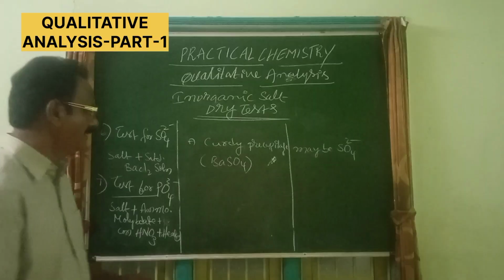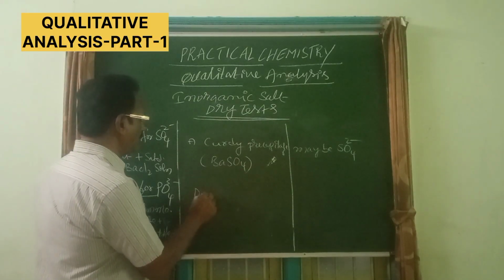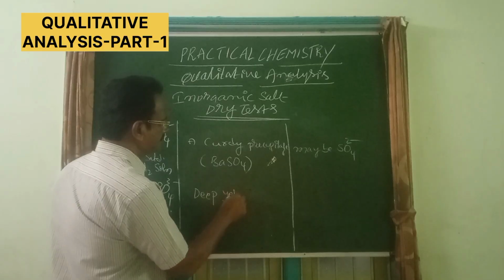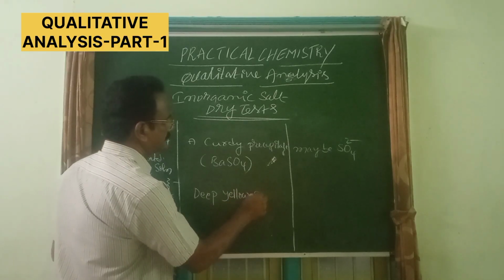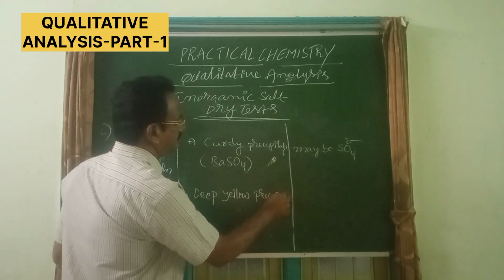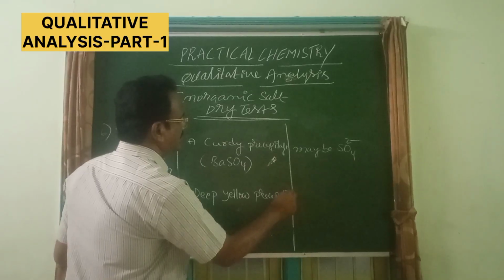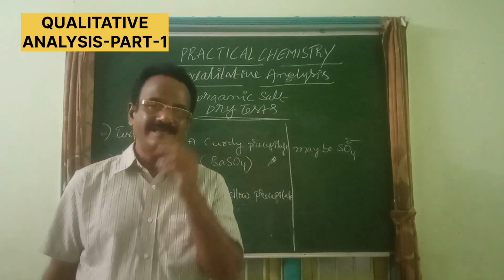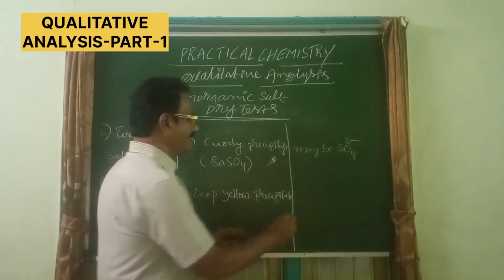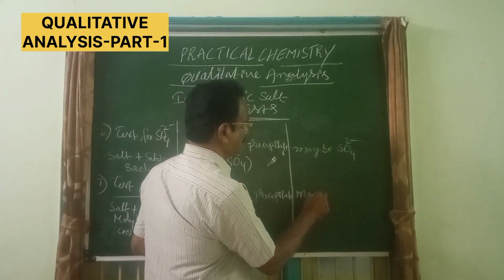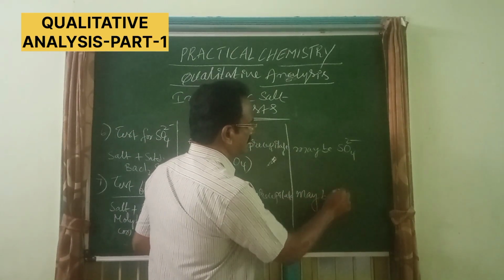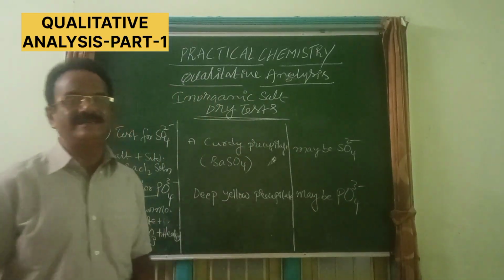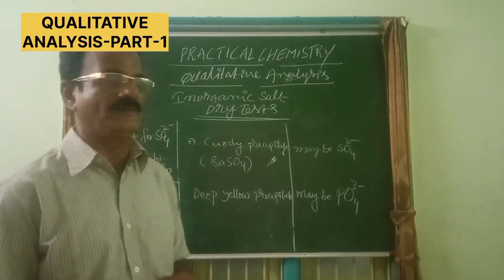Is it clear? If a deep yellow color precipitate is formed, then one can conclude that there may be phosphate. There may be phosphate in the given inorganic salt. Keep in mind.